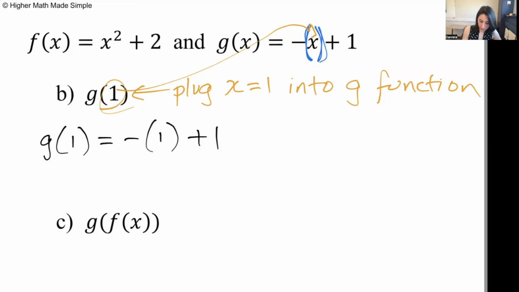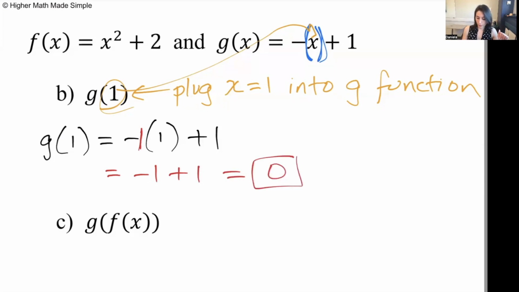So this is a big deal, because there's like an imaginary -1 here. There's like an imaginary multiplication going on. That's saying -1 times 1. So that's actually -1. And then drop down the +1. So the answer here is 0. That y value is 0.